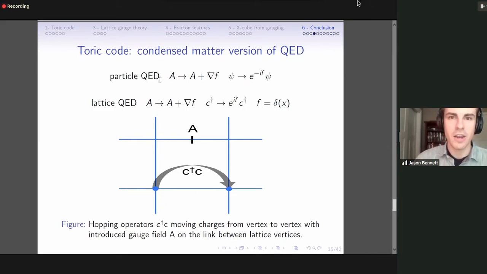So let me first talk about what, in the particle QED sense, we talk about: a scalar field having this U(1) symmetry, and the gauge field having this standard gauge redundancy like we have in electricity and magnetism. When we put things on the lattice, we're not talking about quantum fields anymore. We normally talk about creation and annihilation operators, which can have the same symmetry.